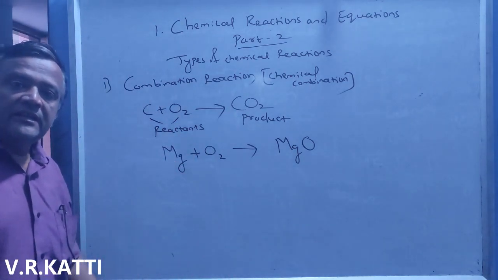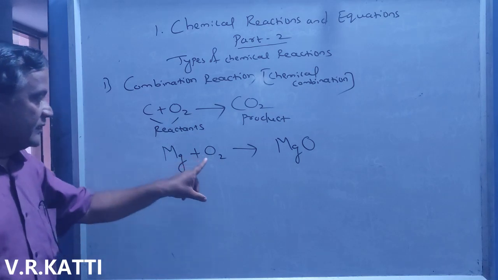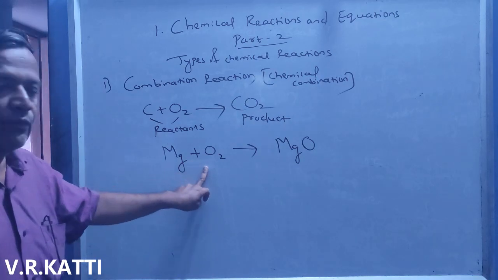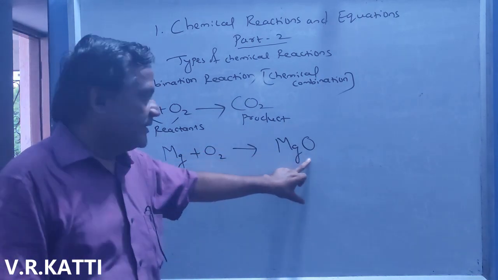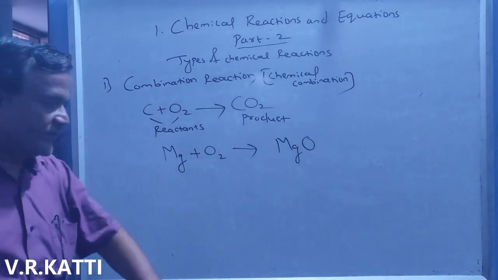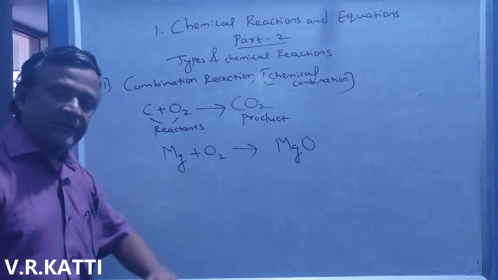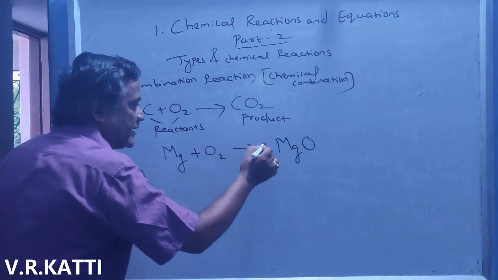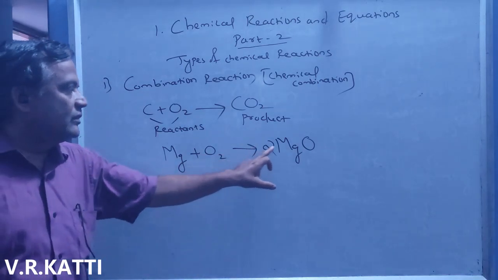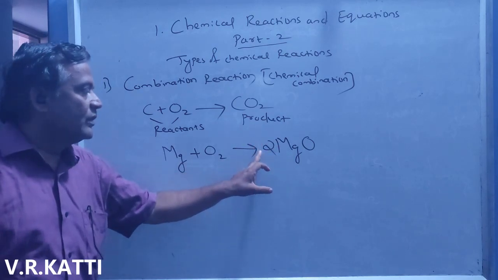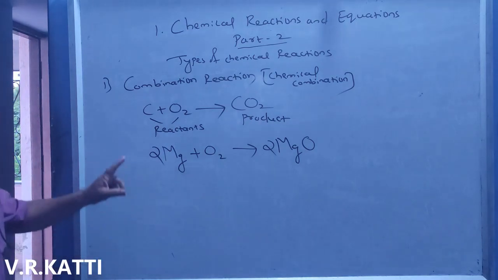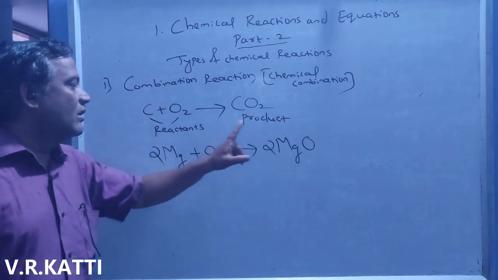Now students, let us balance the equation. How many atoms of oxygen here? Okay, good, very good. Oxygen 2 here, but single oxygen on the other side, so balance oxygen: make it 2. Now Mg: 2 Mg here and 1 Mg there, so make it 2. 2 Mg, 2 MgO.